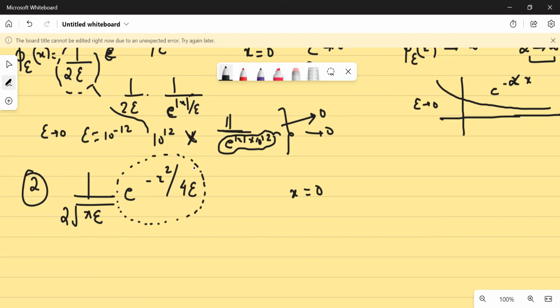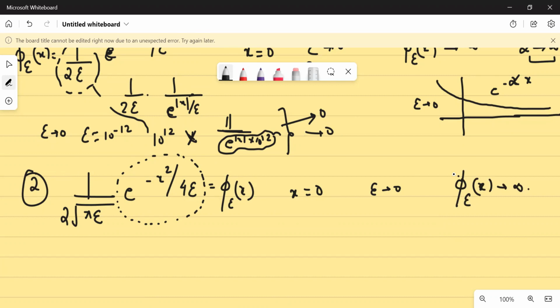And as epsilon tends to 0, overall this particular function will go towards infinity. So if I write it as again some phi epsilon x, this phi epsilon x goes towards infinity. I hope it is clear.